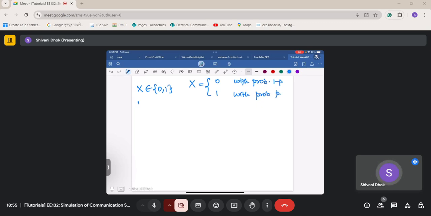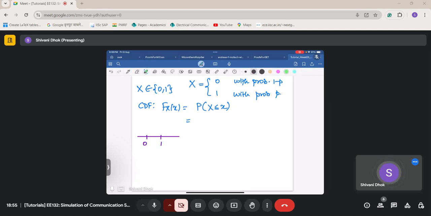So now if I have the CDF fx of x, which is probability that x is less than or equal to x. So it's like this, I have this line here. This is my 0, this is my 1.